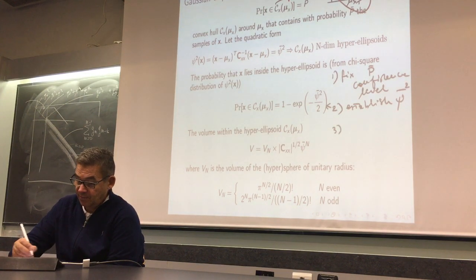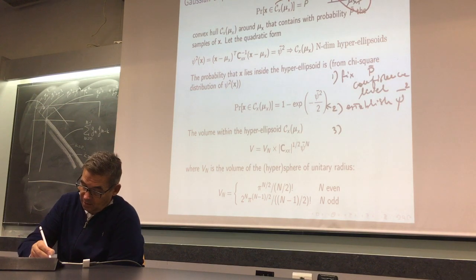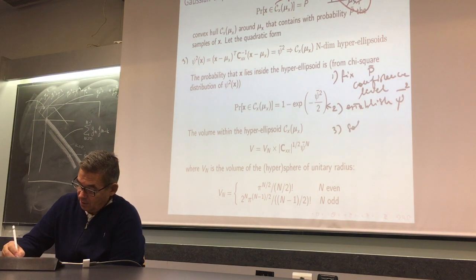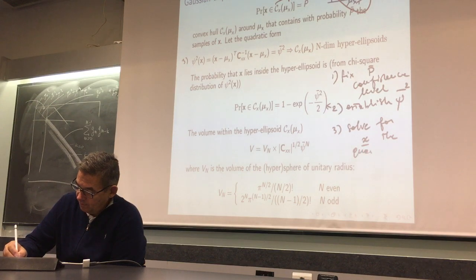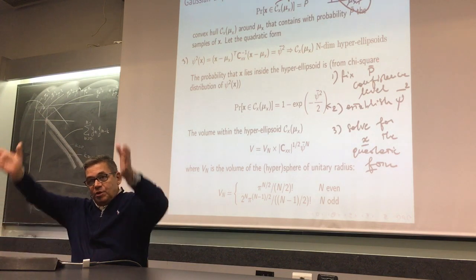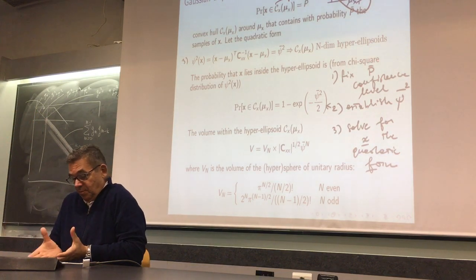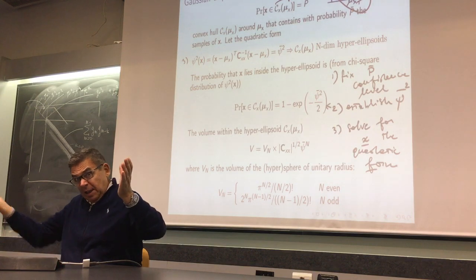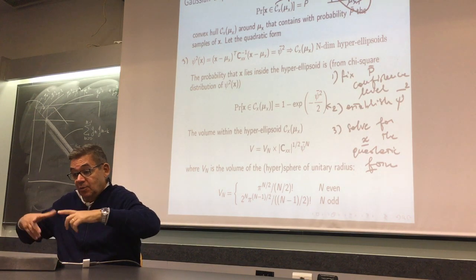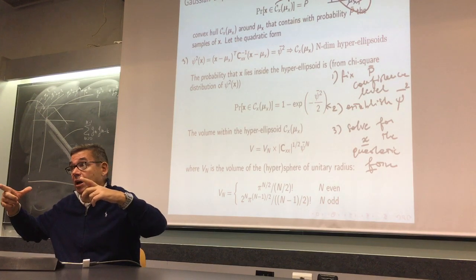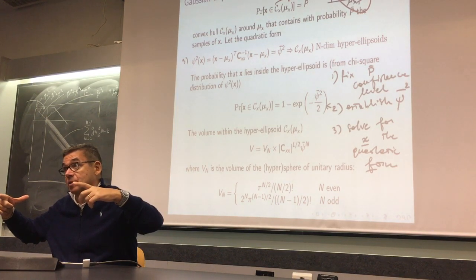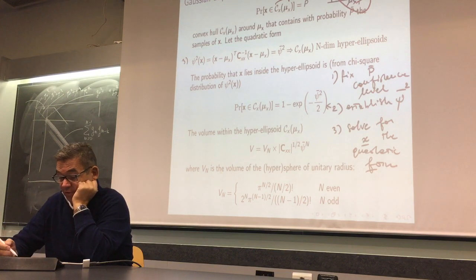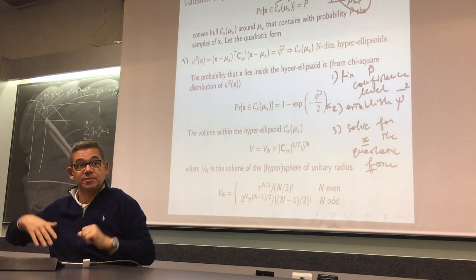Step number 3: solve for x the quadratic form. If I take a quadratic form, which is like a hyperparaboloid, and I cut it at a certain value, I get a hyperellipsoid. So the output, when I solve for that, is this hyperellipsoid.